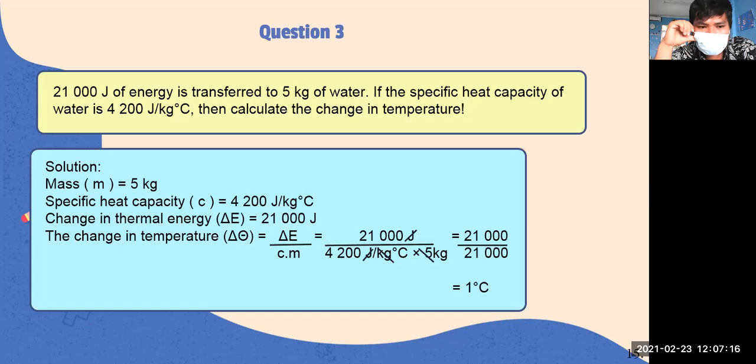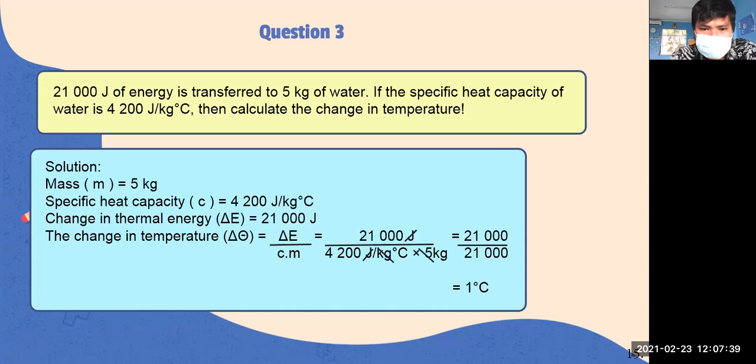And then we're going to put up the change in thermal energy, which is delta E, which is 21,000 joules, according to the question. All of that, we're going to sum up into one simple formula, which is the formula of the change in temperature, or delta theta. So it will become delta E divided by the specific heat capacity times mass.